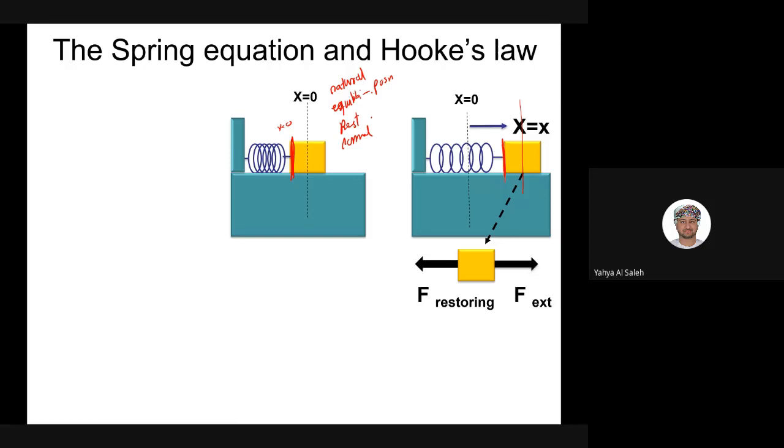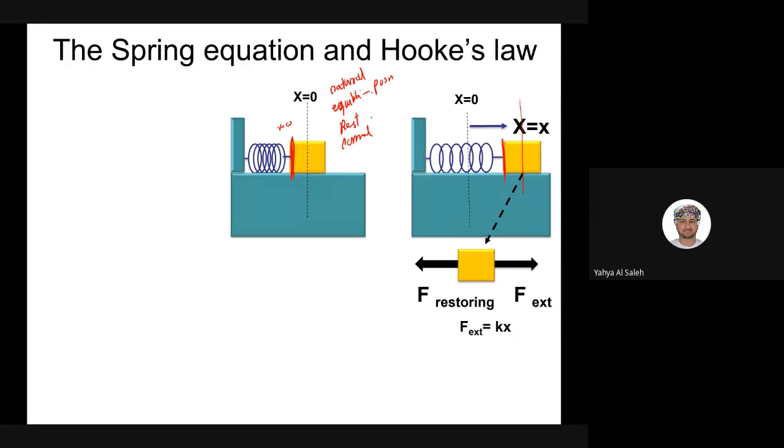And the only thing keeping it in place is because you are holding it with your hand, exerting that amount of force. And this force that wants to take it back to the x equals 0 position, to the equilibrium position, is what we call the restoring force. Okay, because it wants to restore it to the natural position that it is very, very happy at.